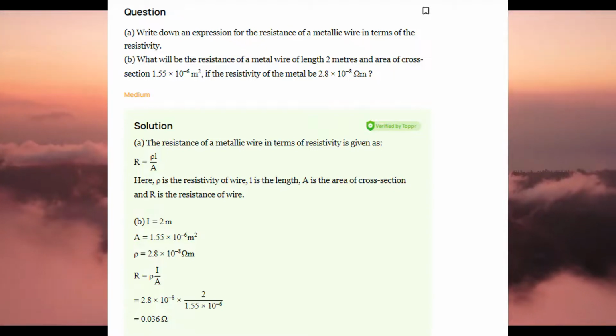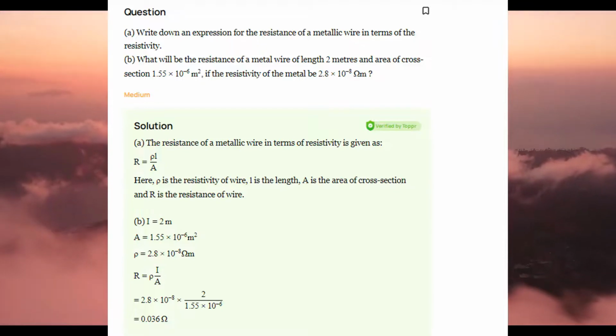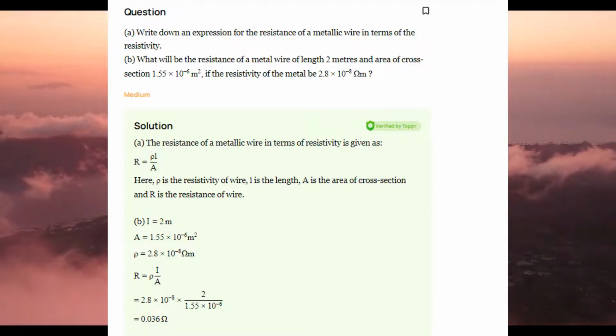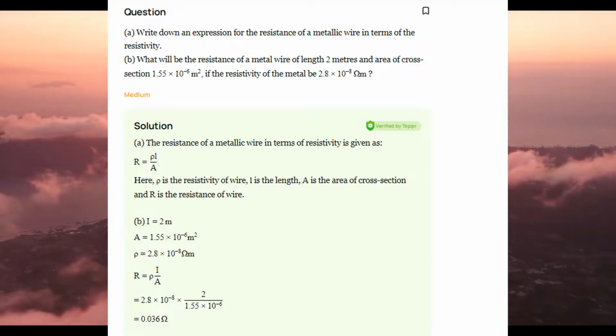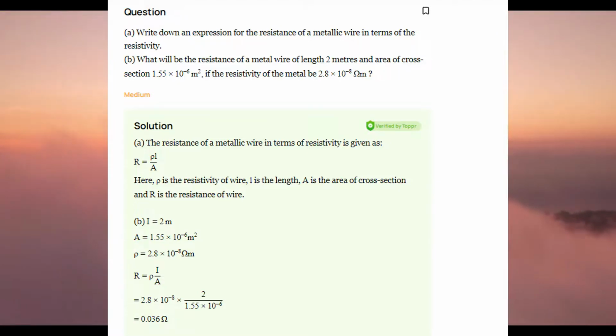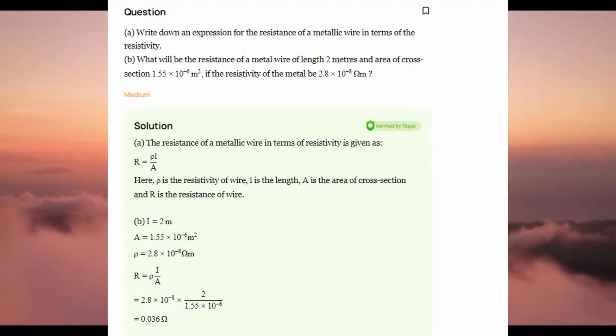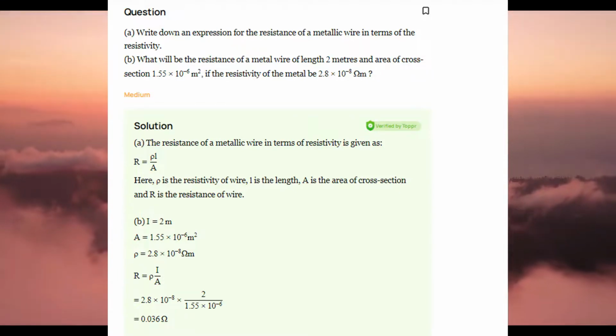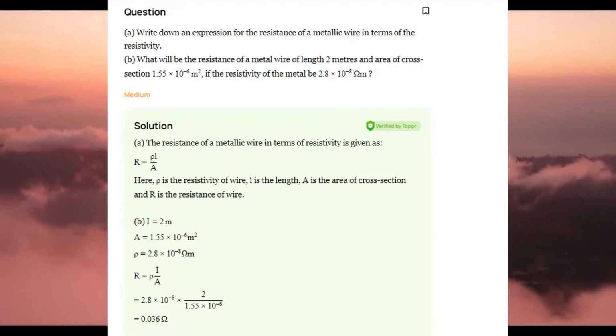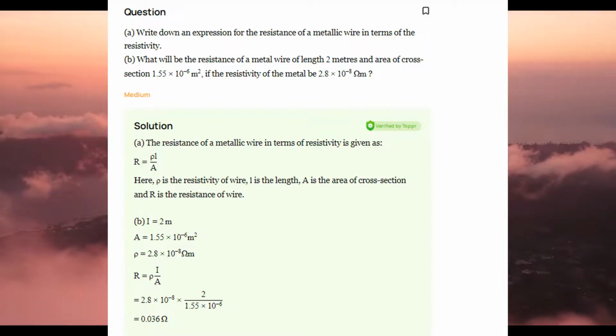B. What will be the resistance of a metal wire of length 2 meters and area of cross-section 1.55 times 10 raised to minus 6 meters square, if the resistivity of the metal be 2.8 into 10 raised to minus 8 ohm m? Length equals 2 meters. Area equals 1.55 into 10 raised to minus 6 meters square. ρ equals 2.8 into 10 raised to minus 8 ohm meter.